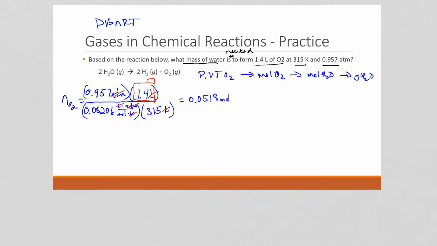So let's finish the stoichiometry. So I need to go from moles of O2 to moles of water. So if I look at my stoichiometry, it takes 2 moles of water to make 1 mole of O2. So I have 2 over 1.